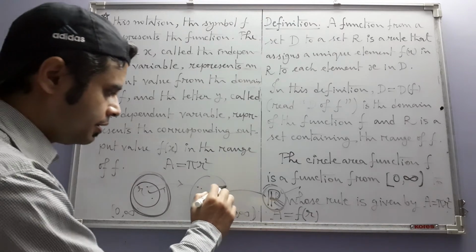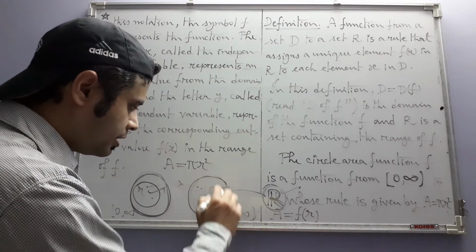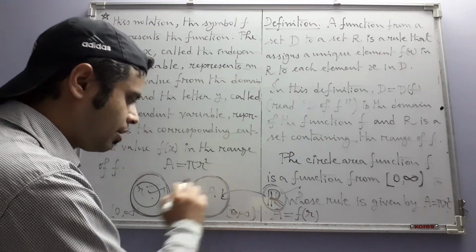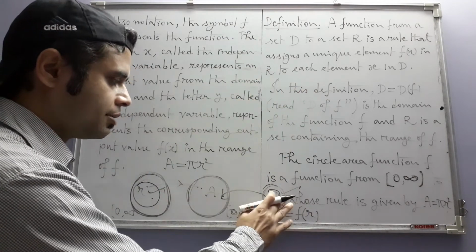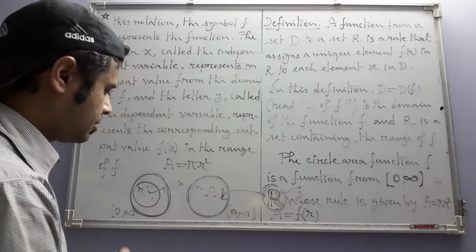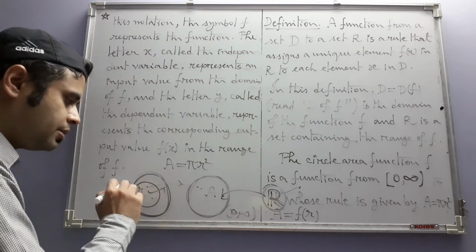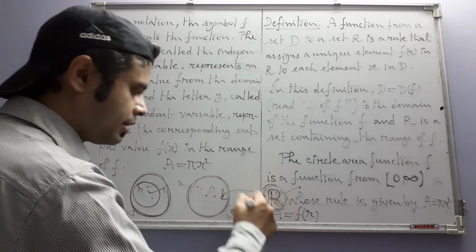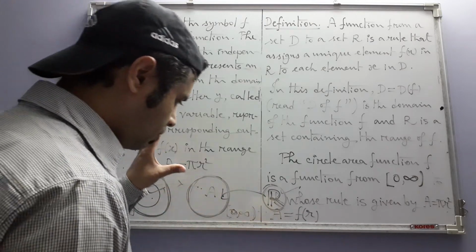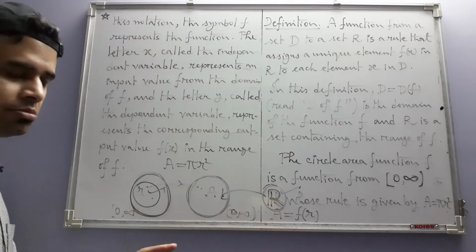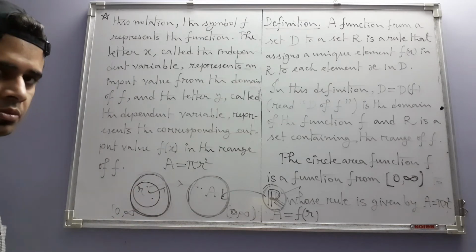Just like here, instead of considering the set of all outputs, you may choose to consider a larger set for the second set. Okay, so the domain is there and the second set is there. The second set, however, should contain all the possible outputs for the given input.